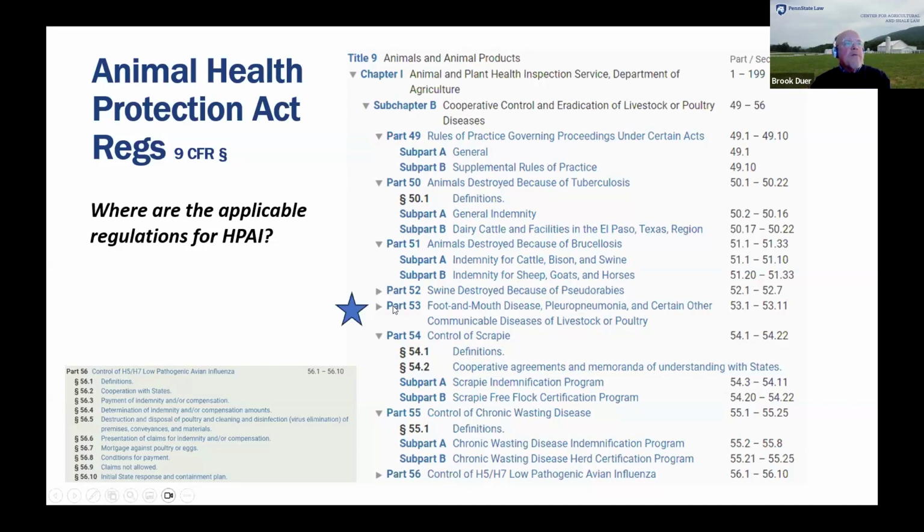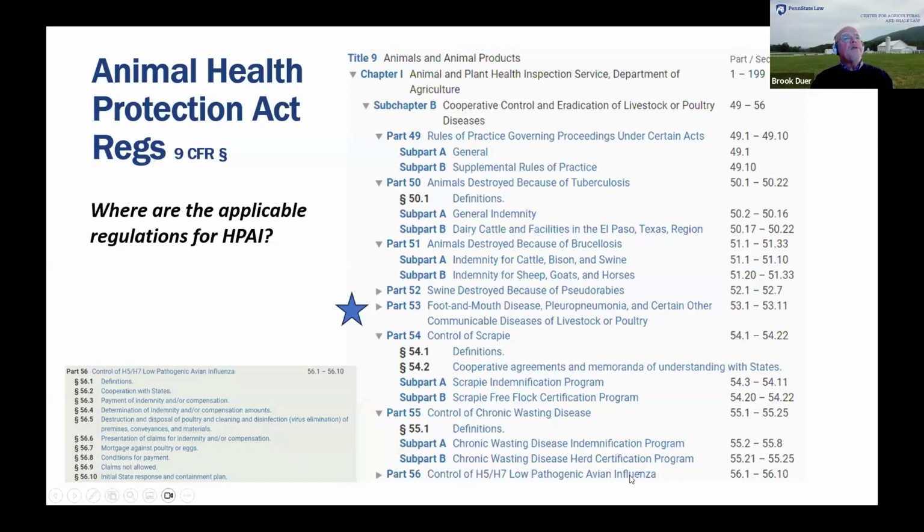Now, it is buried in Part 53 here. There is low path avian influenza, and I'll just tell you that I'm not the guy that can rattle off the difference, but essentially these are much less virulent, much less subject to widespread and extremely damaging, slash guaranteed fatal, disease contraction.